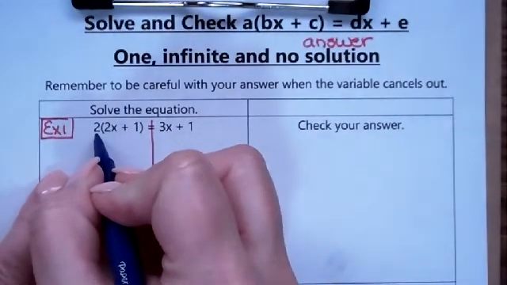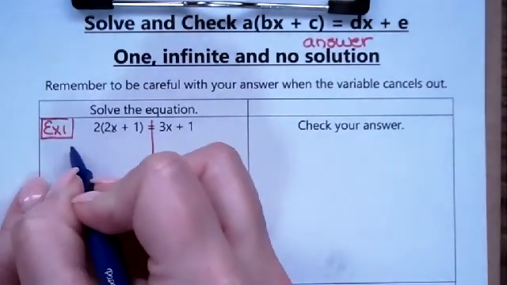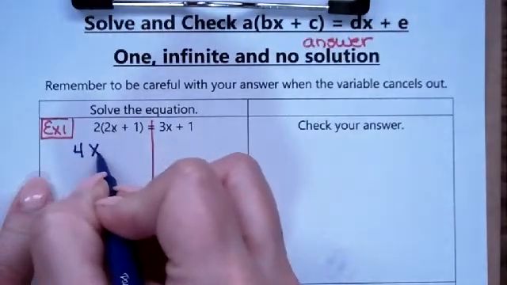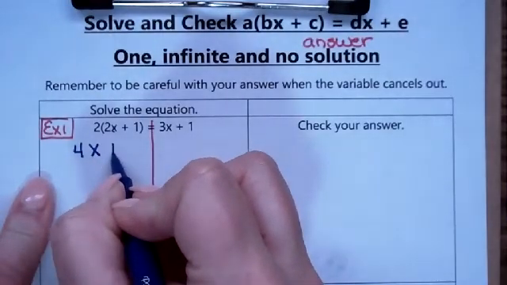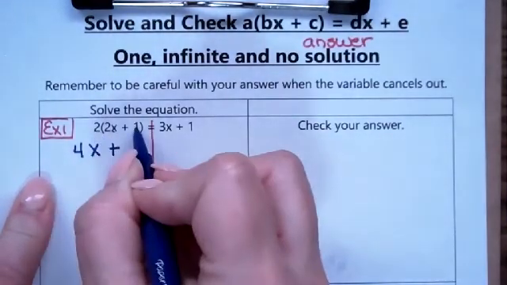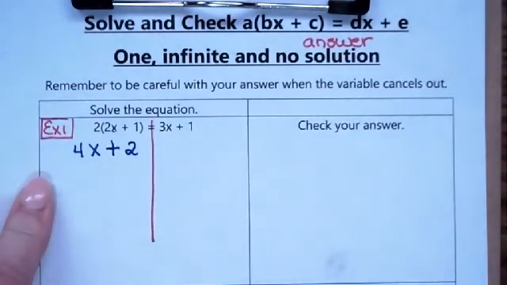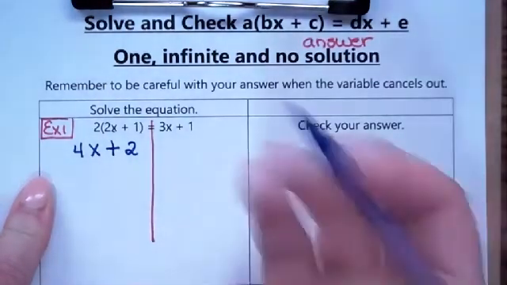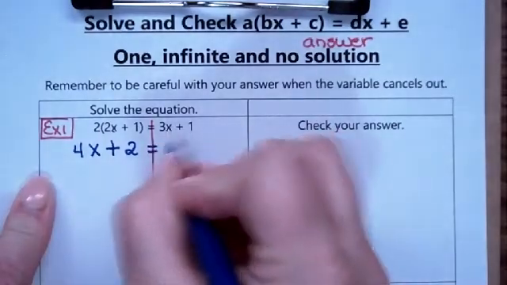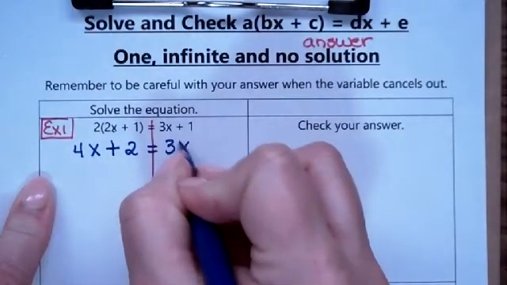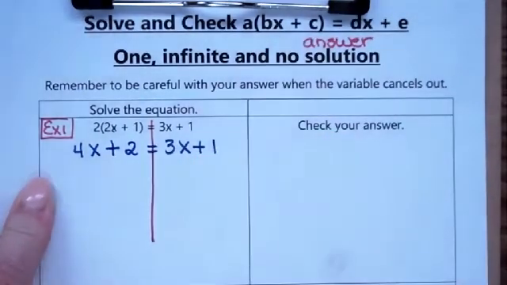So I'm going to do 2 times 2x, which will give me 4x, plus 2 times 1, which is 2. Over on this side I don't have anything to do, so I'm just going to bring down 3x plus 1.